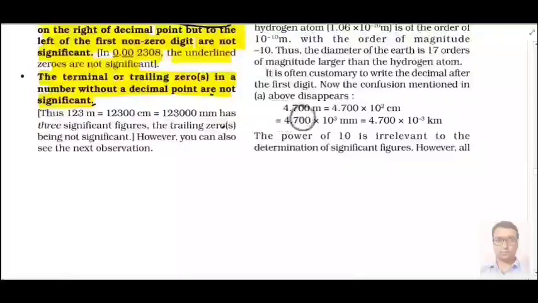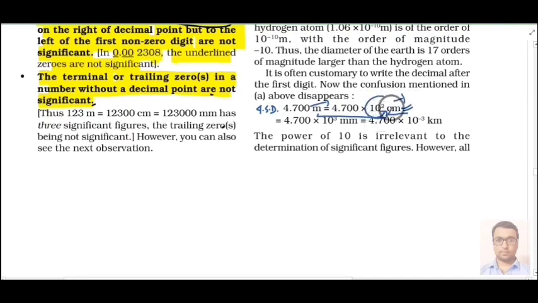Like here you can see that in the first number, that is 4.700, we have 4 significant digits, because these two zeros will be treated as significant since here we have a decimal point. Similarly, if we have converted it into centimeter, then we know that conversion of a number from one unit to another unit will not change significant digits.